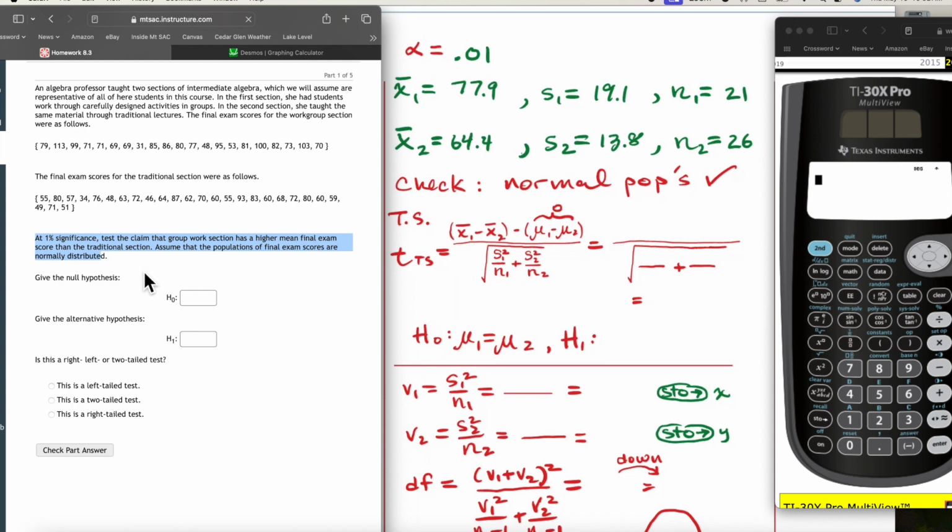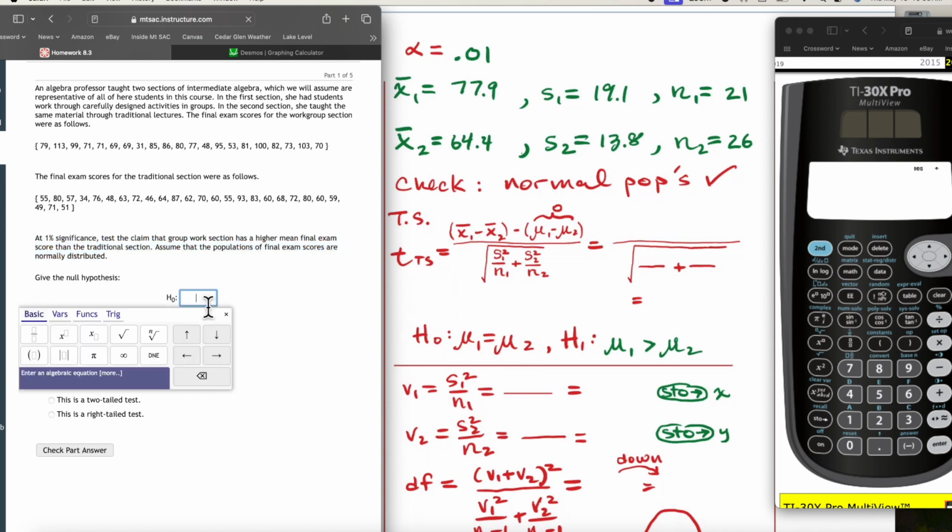Okay, so we've got to get our hypotheses. I've already got a null hypothesis. It's always that the means are equal. But the alternative, it says the first group, mu1, has a higher mean than the second group. Okay, so there's our null and alternative hypothesis. We can go ahead and put that in.